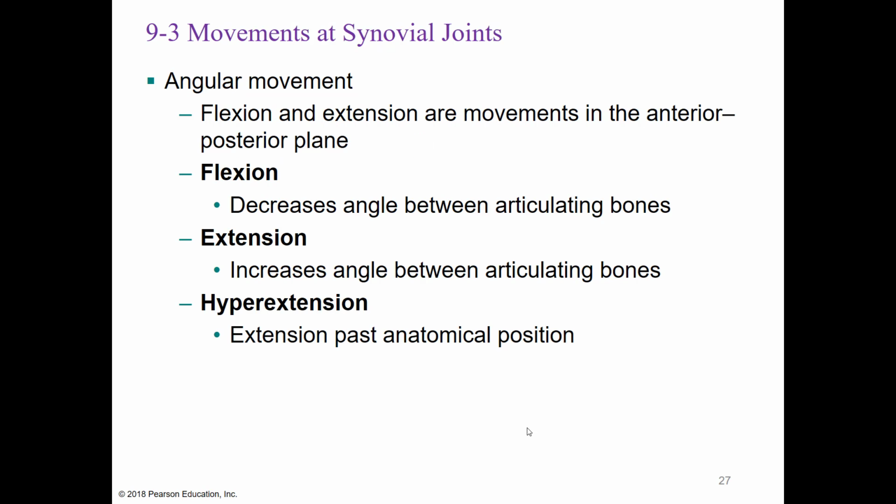Angular motion includes flexion, extension, and hyperextension. So how can we tell the difference between the three? Well, first you want to picture the body in anatomical position. When you are in anatomical position, most of your joints are going to be at extension. Okay?